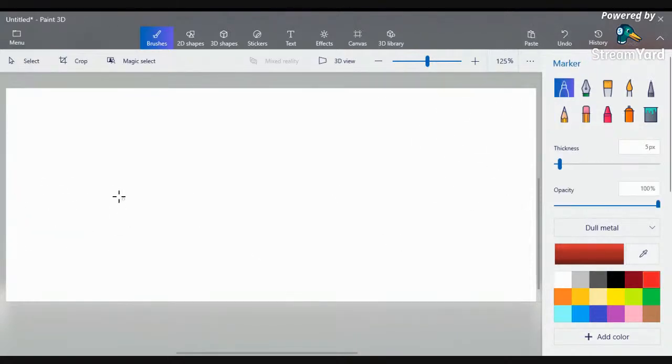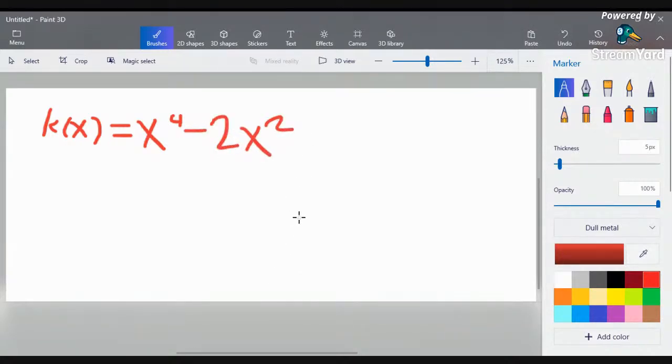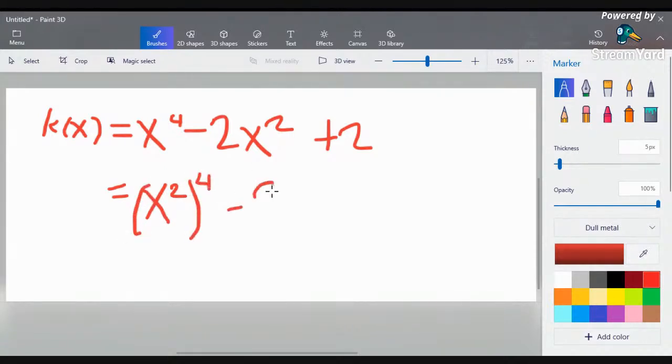Okay, number 5 is k of x equals x to the 4th minus 2x squared plus 2 when x is equal to x squared. So it means that we have x squared raised to 4 minus 2 times x squared raised to 2 plus 2.